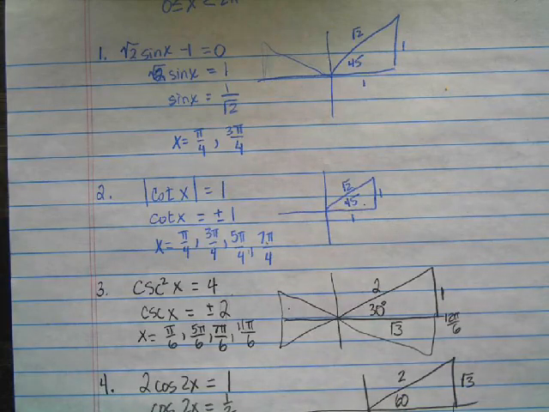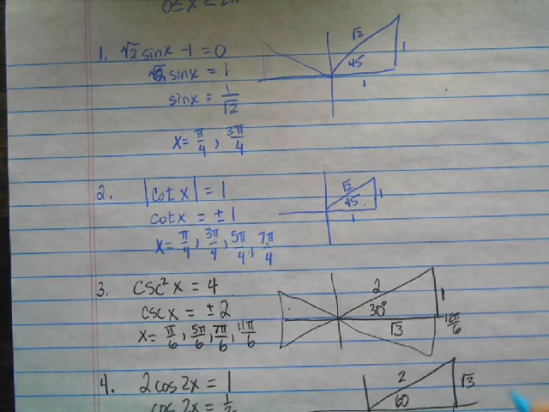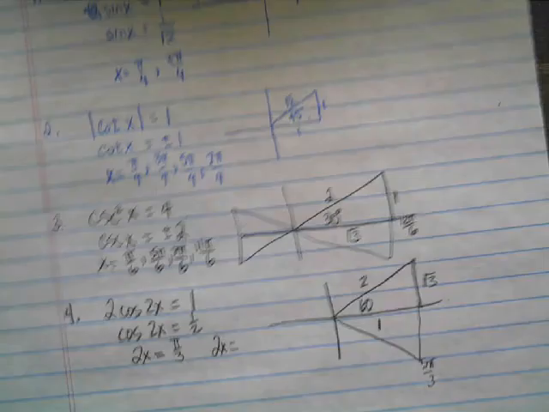So the way we do this is we say 2x equals pi over 3, and 2x equals, in the fourth quadrant here, this is 5 pi over 3, because 6 pi over 3 would be 2 pi.